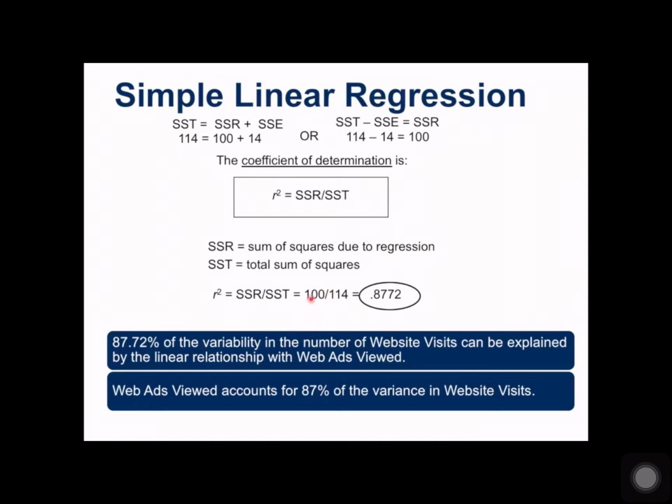So when you see this R square at 0.8772, the interpretation would be that 87.72% of the variability in website visits, our dependent measure, can be explained by the linear relationship with web ads viewed. This is a marketer's dream. Talk about having some kind of ROI for the ads actually seen. Another way of interpreting it, web ads viewed account for 87% of the variance in website visits. So this will be an interpretation that we get to use in our regression models.